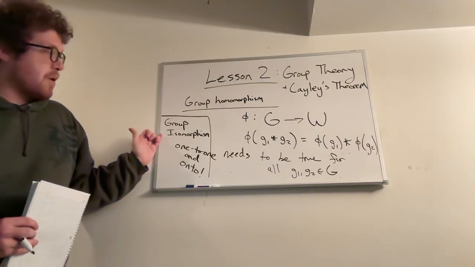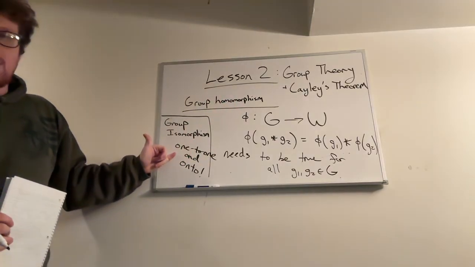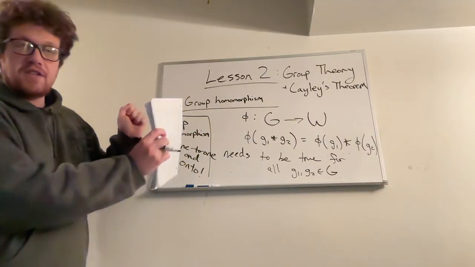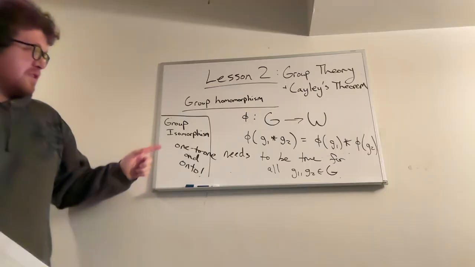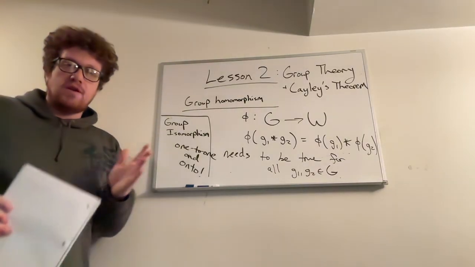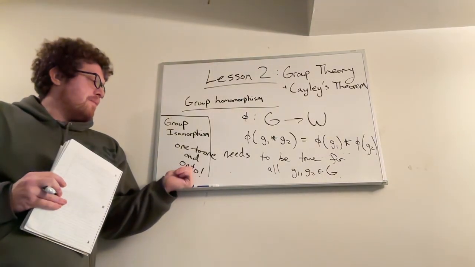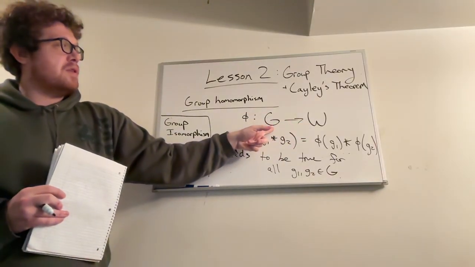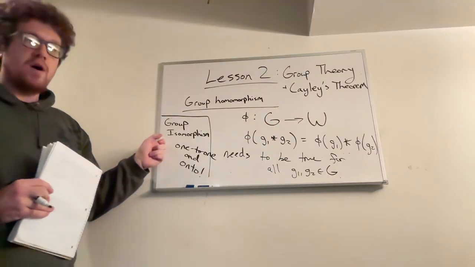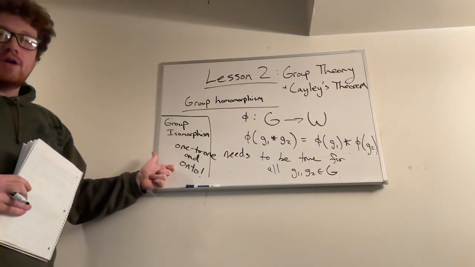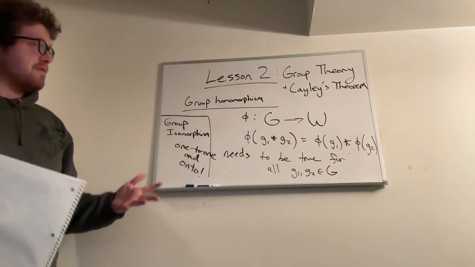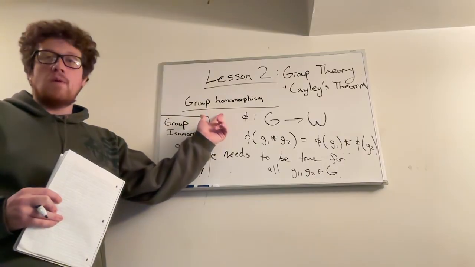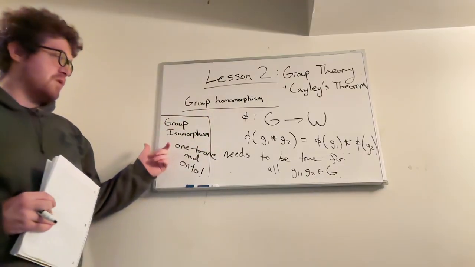Isomorphism is the additional property that it's also a one-to-one map, meaning that two elements always get sent to different elements. If I start out with two different elements, they get sent to different elements. That's the one-to-one property, or another name for that is injective. And then onto just means that every element in the image space is hit by some element in G. So if it's one-to-one, injective, and also onto, surjective, then we call it bijective. So a group isomorphism, another way to say it, is a group homomorphism that's also bijective, or in other words, one-to-one and onto.